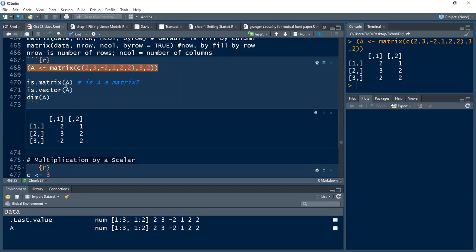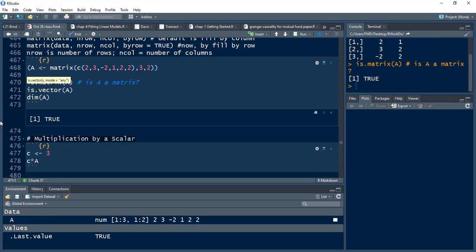So let's first check if A is indeed a matrix. We can have this code, is.matrix A. Let's run this. Then that's TRUE. So our answer is that A is indeed a matrix. And then is it a vector?